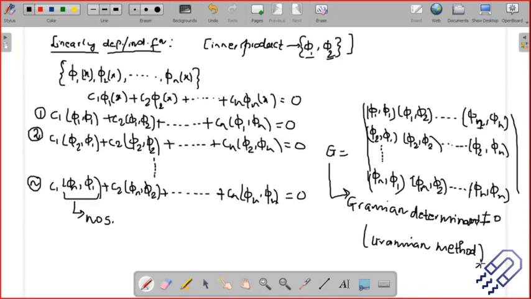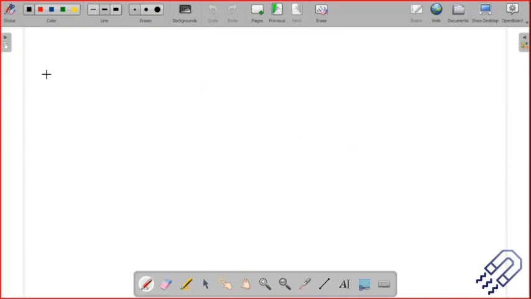We also talked about orthogonality, and I think we can discuss this a bit, because we are going to do Fourier series in the next section. So let's consider three functions: 1, x, and x squared.